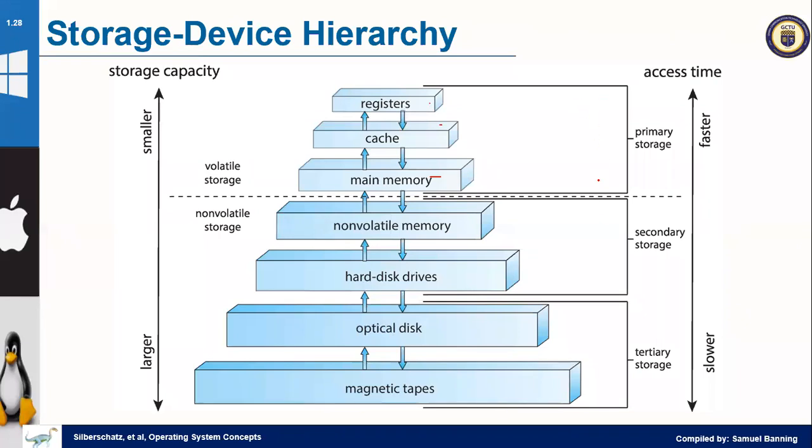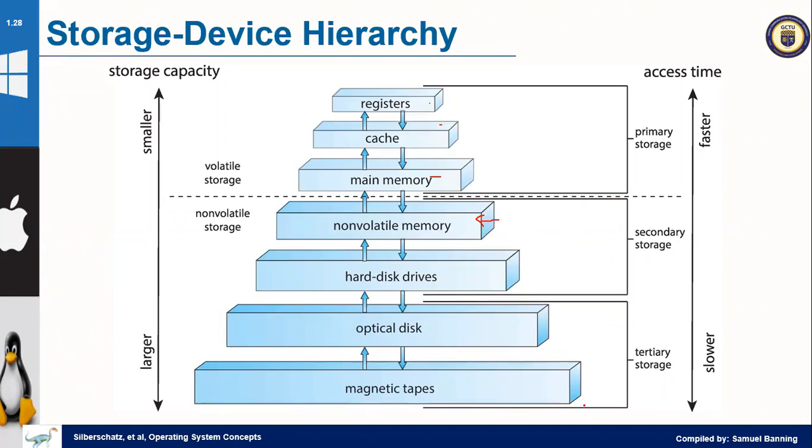Now, if you group them, the register, the cache, and the main memory form the primary storage. Then we have the non-volatile memory, we'll come to that. These are pen drives, memory sticks, memory cards, external hard drives, and then the hard drives. These form the secondary storage.